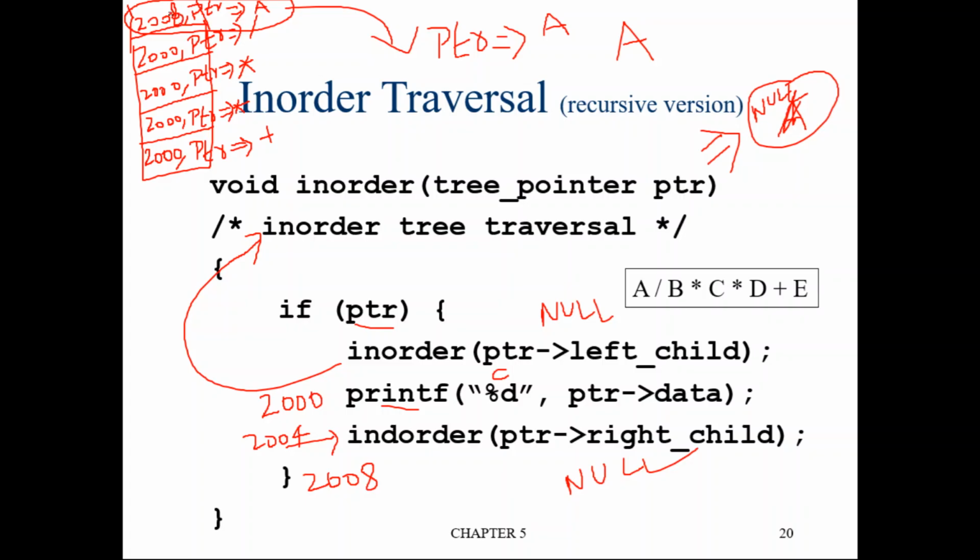At this point, before calling this null, ptr is pointing to A. Now this is the top of the stack. Now again you call inorder with null. Now ptr is null. You come here and check ptr. If ptr is null, again return.